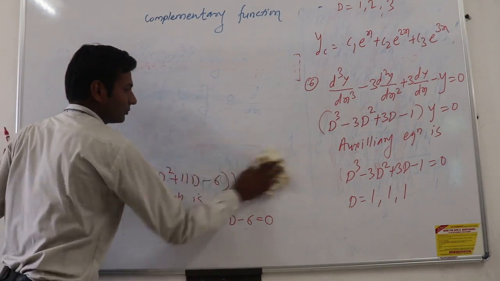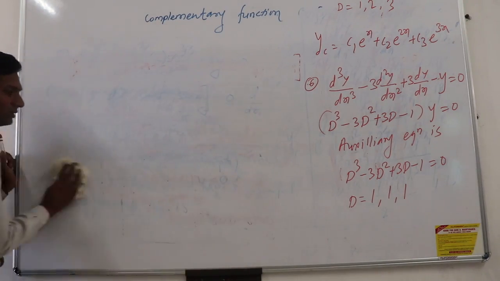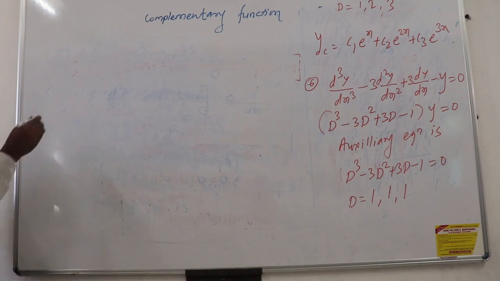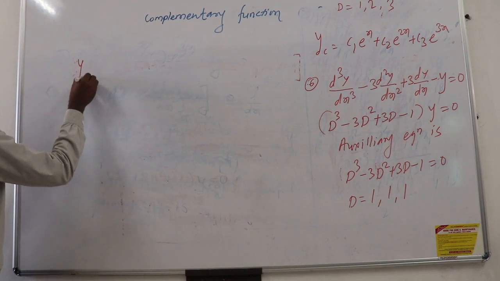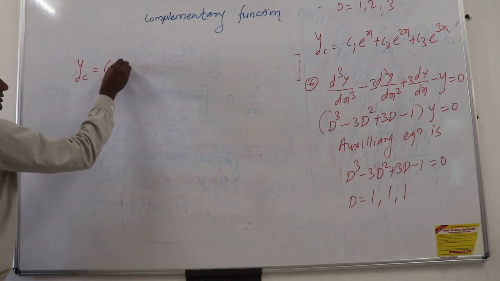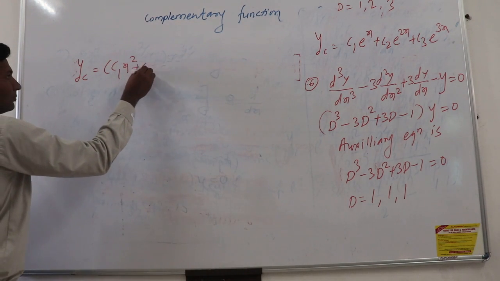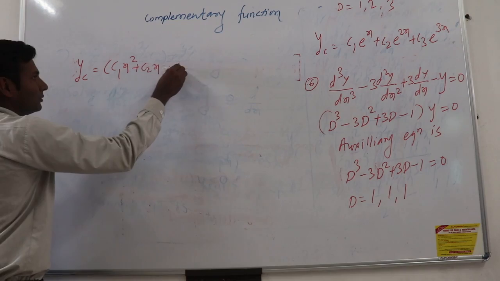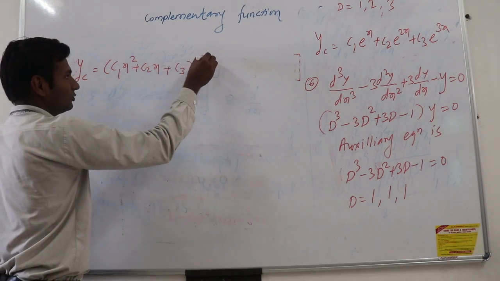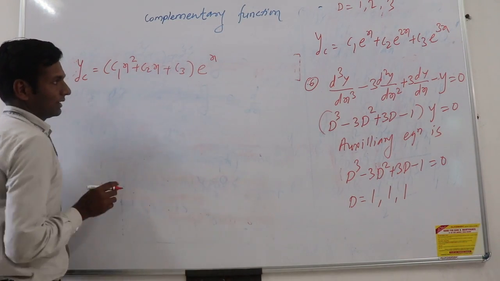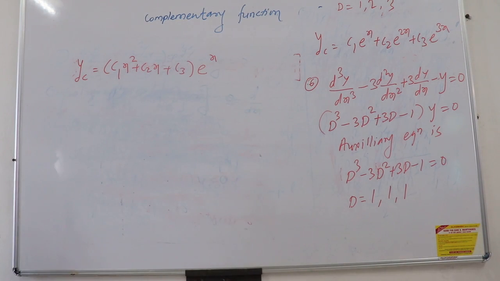So using case number 2 of complementary function, that is yc is equal to (c1x square plus c2x plus c3) into e raised to 1x, that is e raised to x.